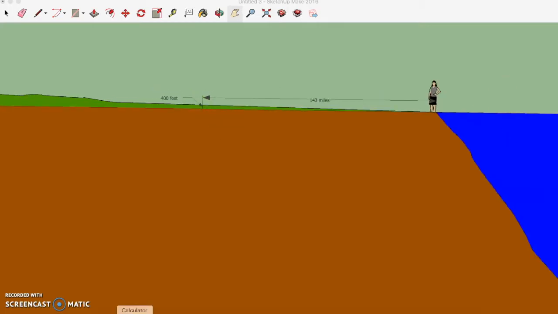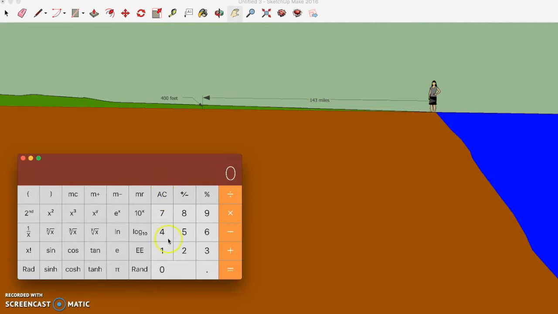And what that means is that the river drops 2.8 feet average per mile from my house to the coast. And that's typical of a slow moving river.